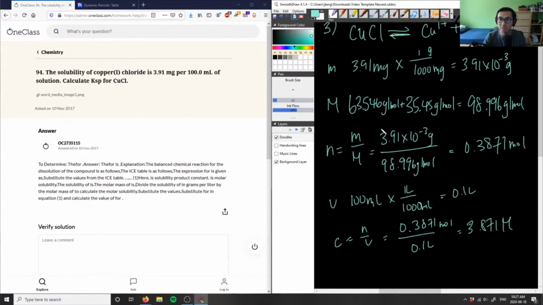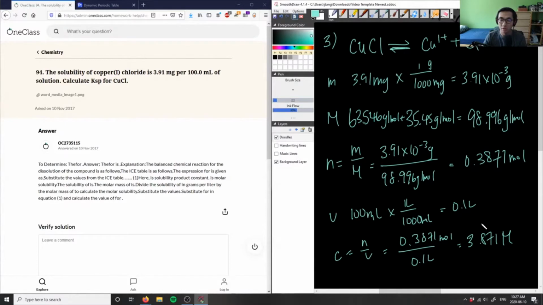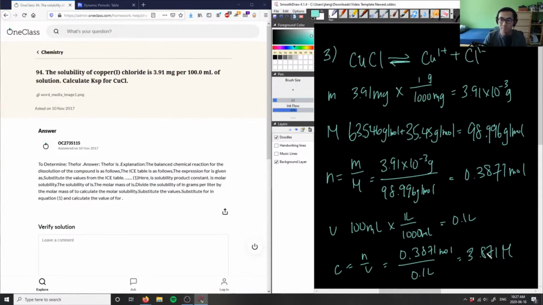Because this is the concentration of copper chloride, we know the mole-to-mole ratio: copper chloride, Cu+, and Cl- all have coefficients of 1 as well. So these also have 3.871, it also has 0.3871 moles of copper and chlorine being produced in solution.